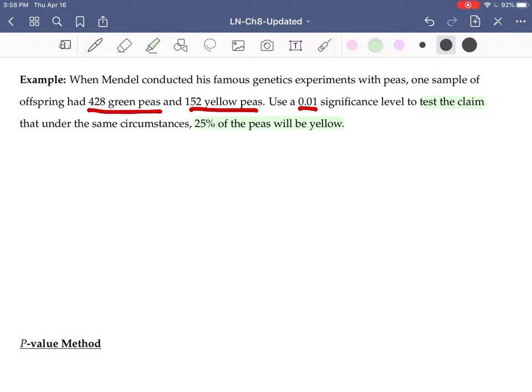So when we go through a hypothesis test, we observe that we're going to do a hypothesis test because we are testing a claim. In our hypothesis test, we need to identify what the claim is. Our claim is that the proportion that are yellow is 25%, and we will write this as a decimal.